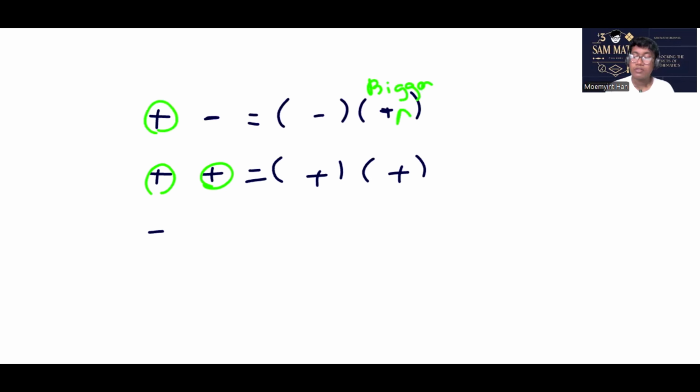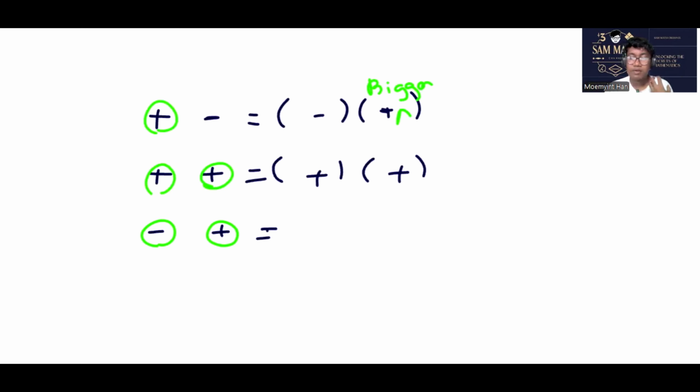So to make a number positive, we're supposed to multiply two of the same sign. It doesn't matter, it can be negative, it can be positive, but we're supposed to multiply two of the same sign. To get the negative in the middle, the only way is combining something that has a bigger negative sign.